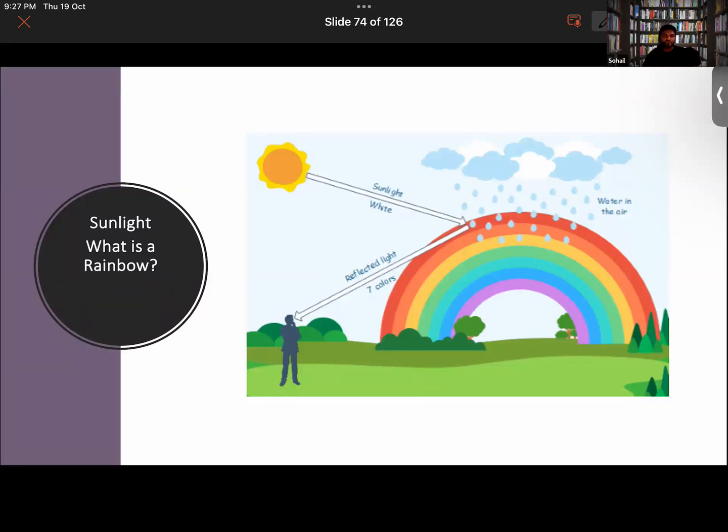This is dispersion, right? There's a concept of dispersion involved in it. We will get to understand that as well.